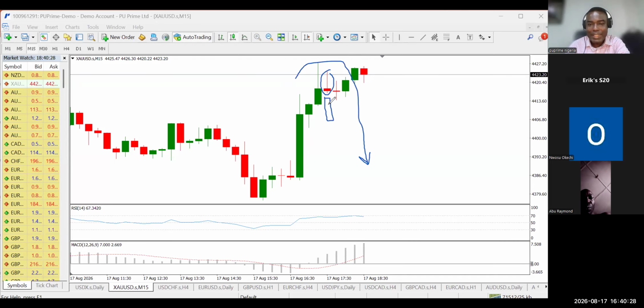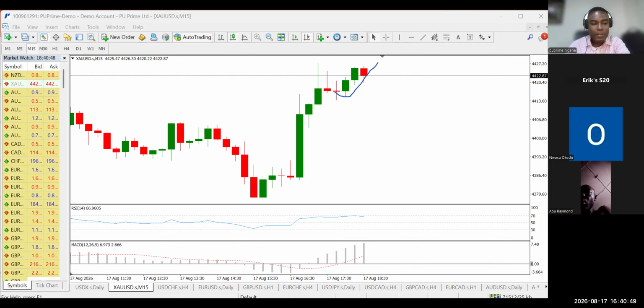Now you may say the next one is red, but it has shadows. The one I'm talking about must be full. It may have a very tiny shadow, but not a long shadow and tiny body like this one. So it's not valid, and that's why you can see that price did not fall. It still kept going up.